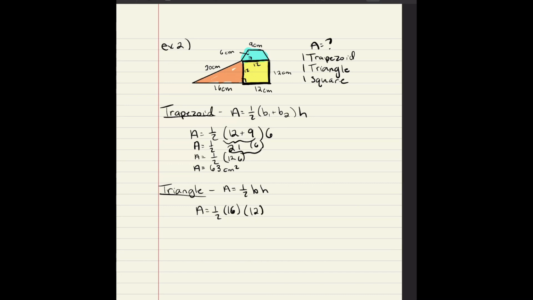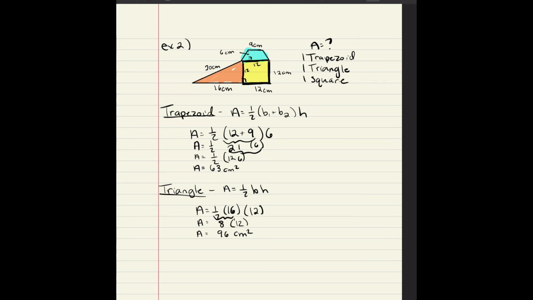So let's do that. So I have area equals a half times 16, which is the same as dividing by 2. So 16 divided by 2 is 8 times 12. Area equals 8 times 12. And when you multiply that, you get 96 centimeters squared. And that is the area for my triangle.